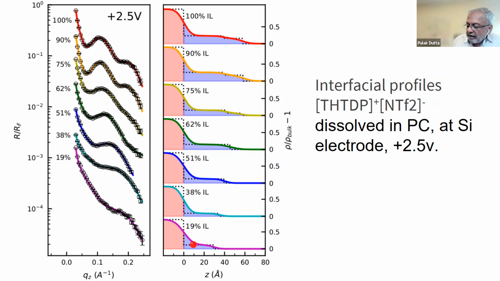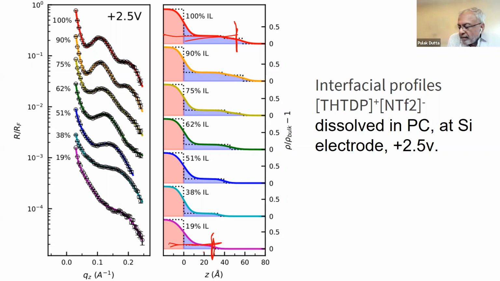When you have a lower concentration, a very dilute solution of ionic liquid, you do get the pileup, the crowded layer, but it's both less dense and less thick. You can see these peaks move continuously from the pure ionic liquid to the very dilute liquid; the layers get thinner, and of course they get less dense at the same time.